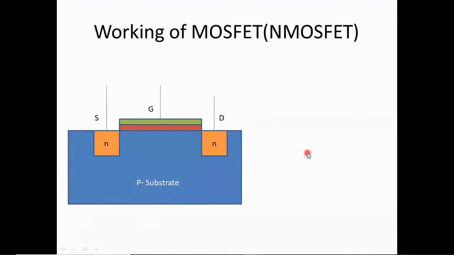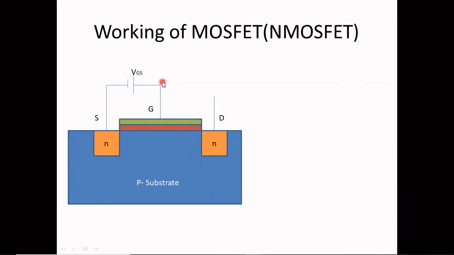So first, what will I do? First, I will give my VGS as positive, meaning I am giving a positive voltage to the gate and a negative voltage to the source. When I give a positive voltage to the gate, if I take it as a P substrate, the majority charge carriers are holes, but there will be some minority charge carriers which are electrons.